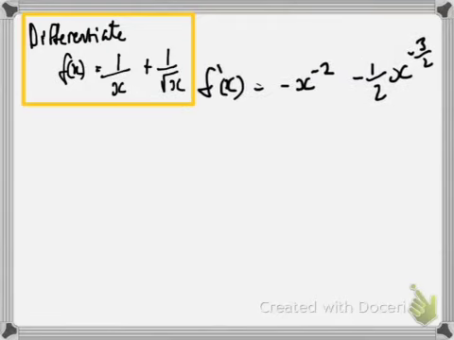Okay, we'll continue on. Got the question there in the left-hand corner. Now we're nearly finished. We have to tidy up both expressions here. It's always good to express them as positive indices. So negative x to the power of negative 2 is the same as negative 1 over, if I take the x to the power of negative 2 to the denominator position, it becomes x squared.